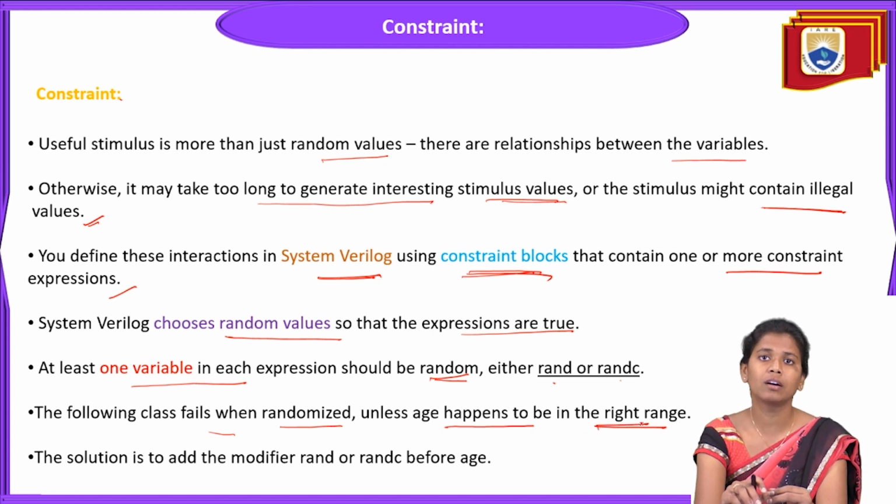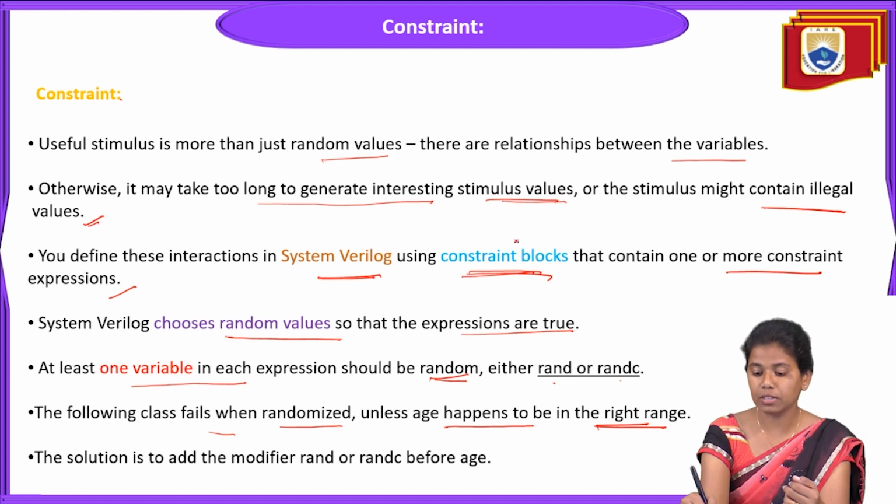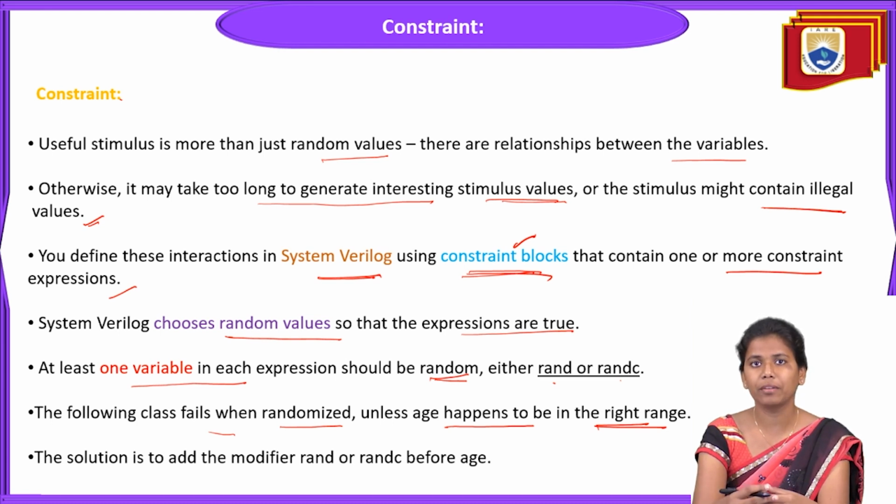So if we are not able to specify the names for the variables picked randomly from the constraint block, then in this scenario sometimes we can fail.